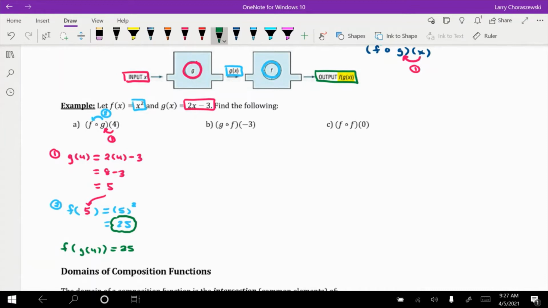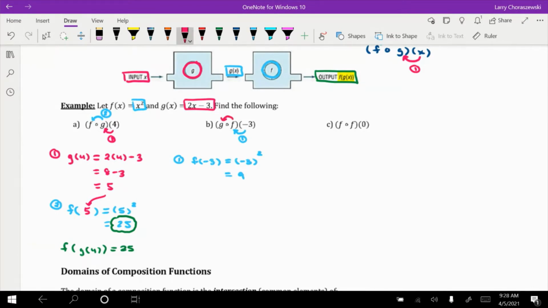All right, you ready? So what's the first function that we're using this time? Yep. So we're going to plug -3 into the function f first. Let's work out f of -3. -3 quantity squared is +9.